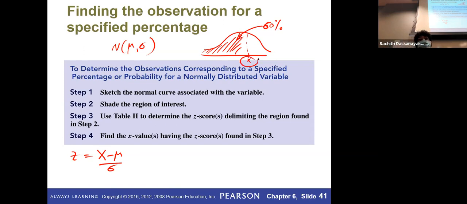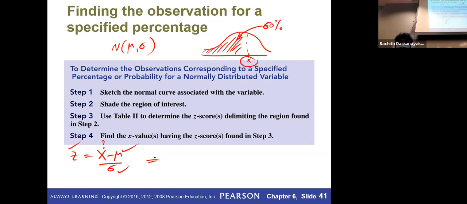So you have to come back with the reverse process of standardization. You know the z value, you know mu, you know sigma, then you can find x. This is how you solve it.